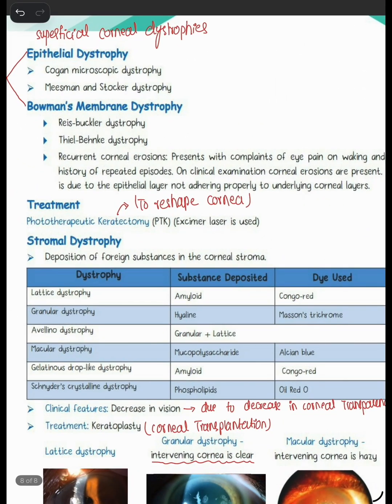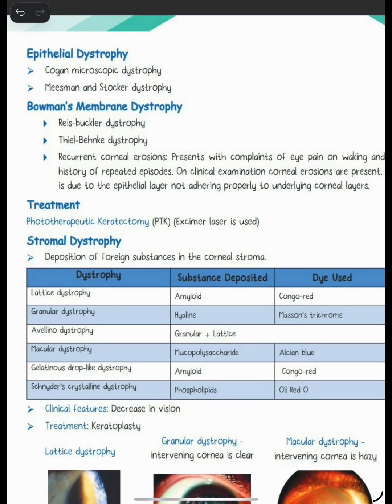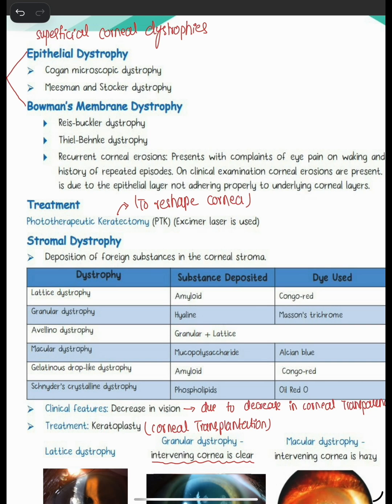The epithelial dystrophies are of two types: Cogan microcystic dystrophy and Meesmann and Stocker dystrophy. We have to remember the names of these dystrophies.